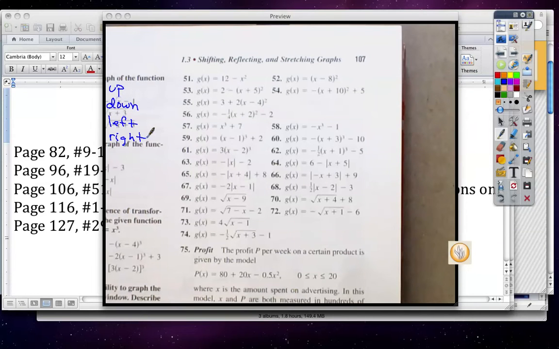Remember, they would say reflect in the x-axis, reflect in the y-axis, which we just call flip. Flip across the x-axis, flip across the y-axis. And then the last two were stretch and shrink.